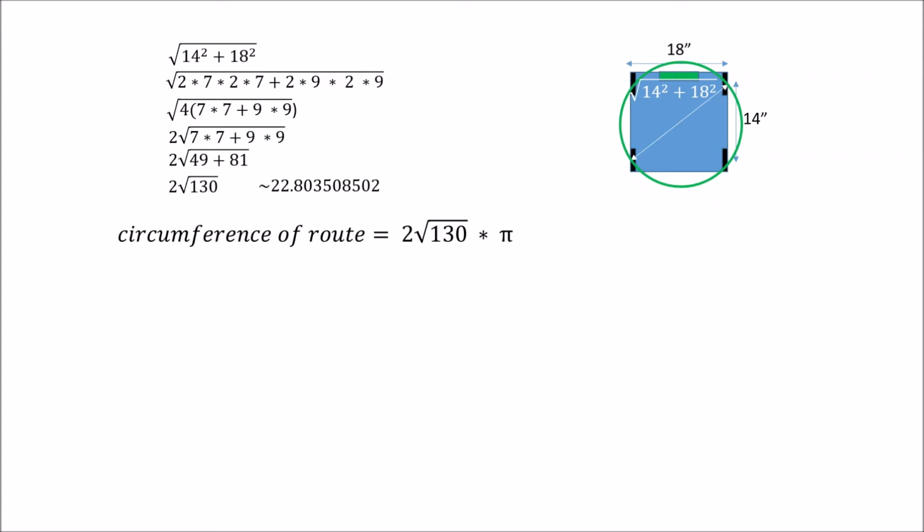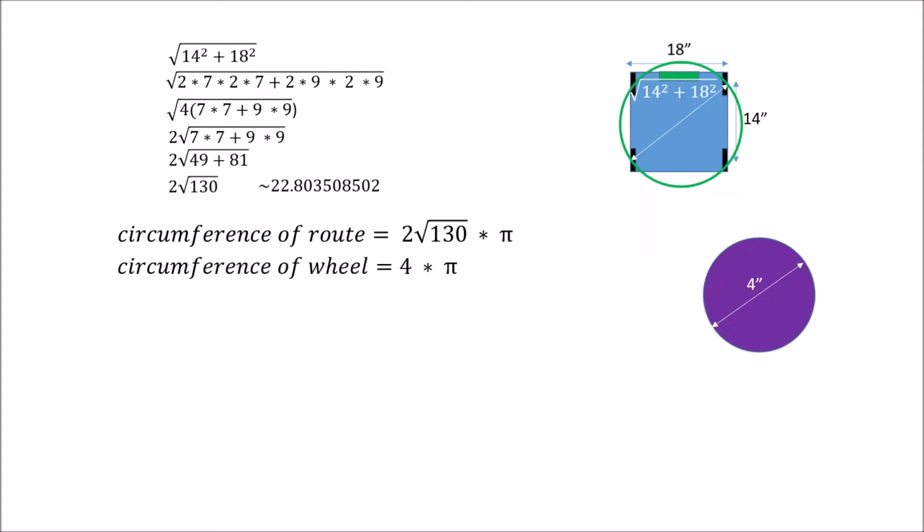Well, here's the thing. The wheels themselves that are on the robot are 4 inches in diameter, and therefore we know that the circumference of the wheels themselves is 4 times pi, or pi d, which is the same thing as 2 pi r.